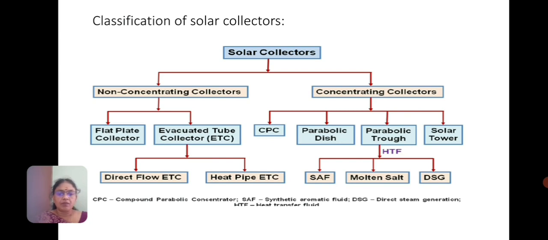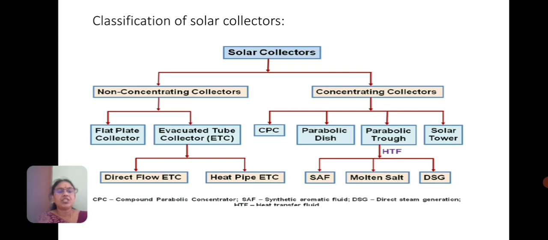What does CPC mean? In the slide, you can see that concentrating collector is classified as CPC. CPC means compound parabolic concentrator. Then you can see HTF. Through the HTF, the parabolic trough can be converted into three types.